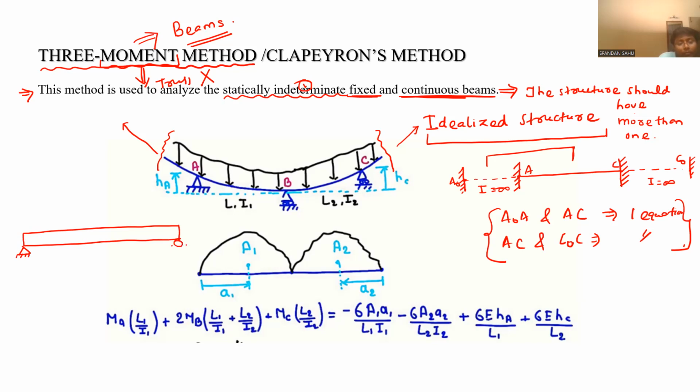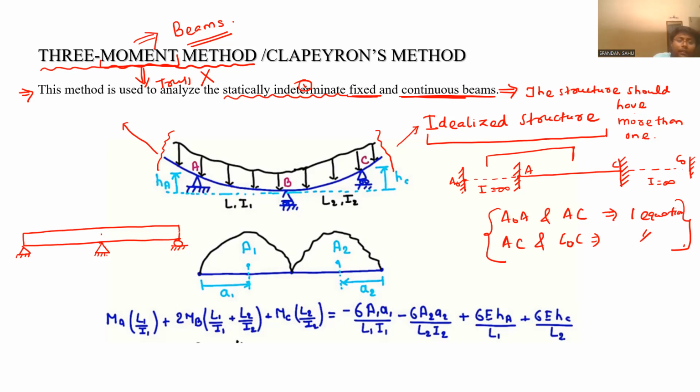Because if we increase the number of spans, then it will be a more rigorous analysis. For every two spans we have to carry a set of equations, then we have to draw fixed end moments and bending moment diagrams.